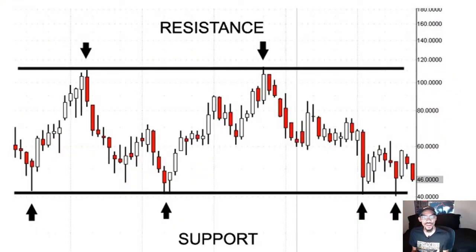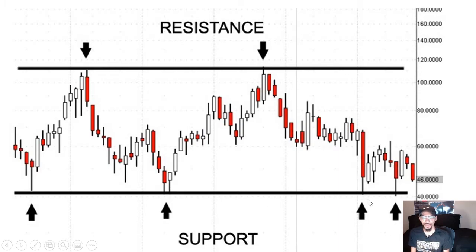Alright, so next, this is what you call a candlestick chart. And if you don't know what a candlestick chart is, don't worry. I made a video on reading different types of stock charts, so you can check the suggested videos above. As you can see, the resistance line is at the top, which means that once the stock price gets to that range, it pretty much drops back down. And this is a support, which means once the stock gets to this point, it normally bounces back up.